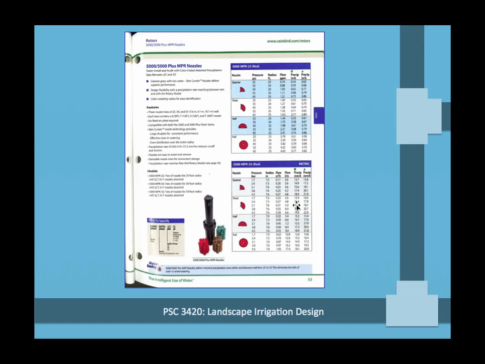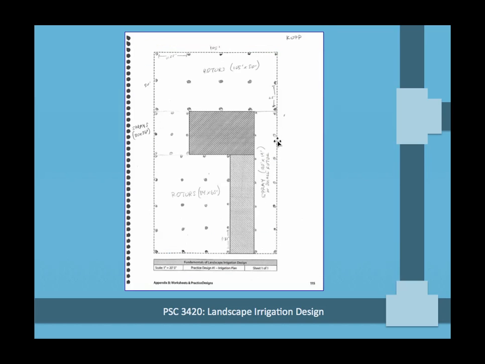So I literally just started looking through the catalog and finding sprinklers with a radius of throw that would work for my particular plan. Now, based on my layout here, I've got roughly 25 feet here, roughly 25 feet here. It's not absolutely perfect, but it's close.